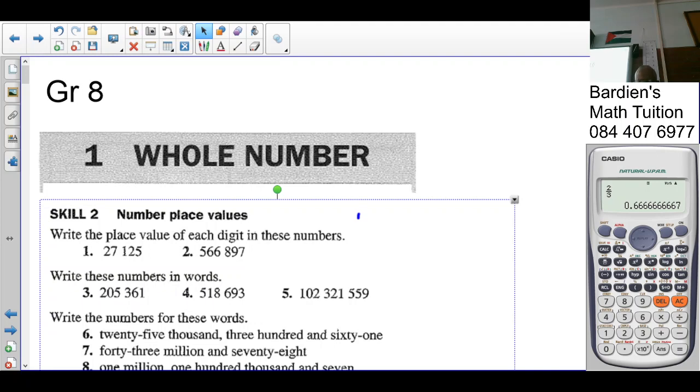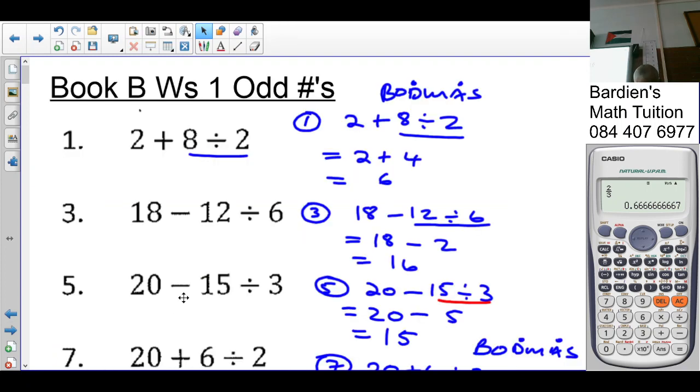Do you have any problems with the magic square? Sorry? No, okay. So, let's just get the values here for the magic square. It was 5B, no?